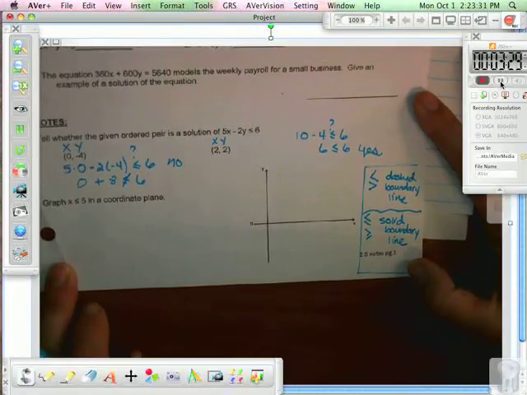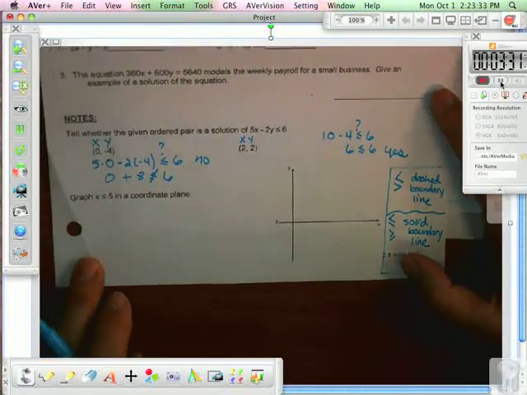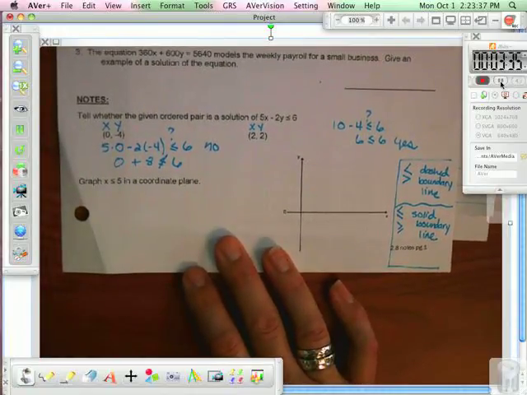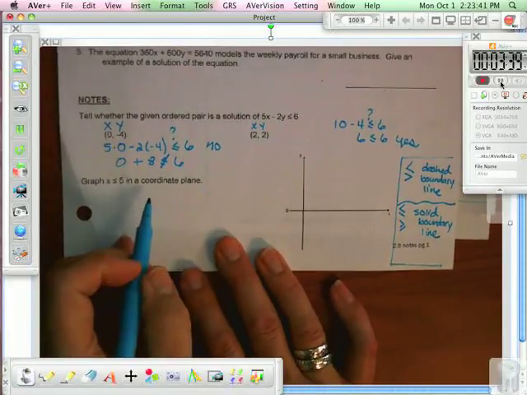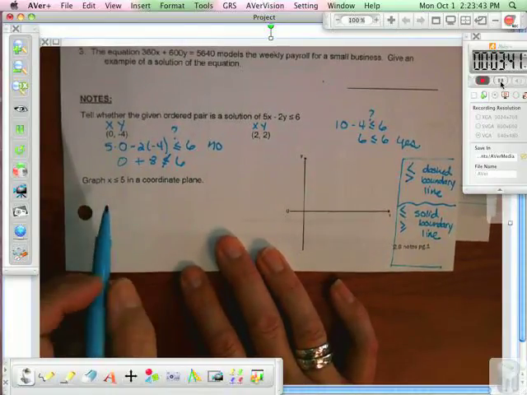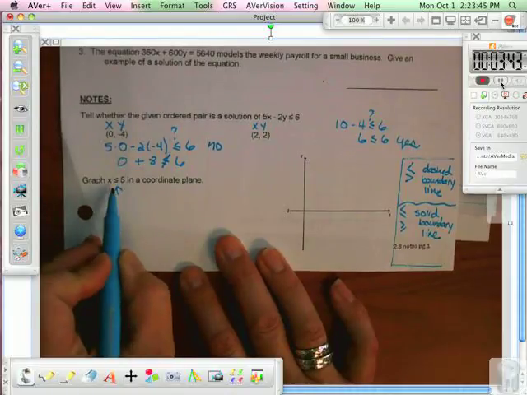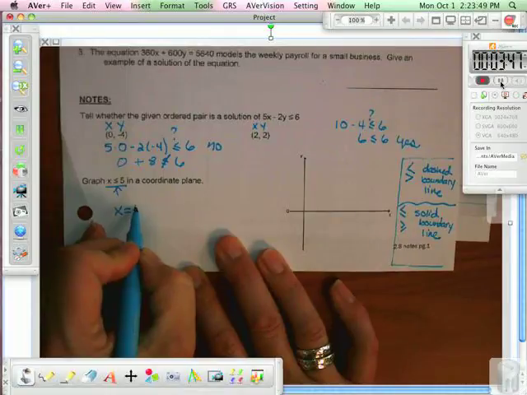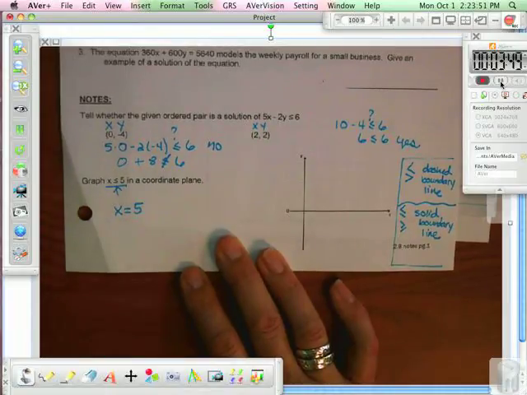Okay? Now, when it says to graph this, when I graph this, just for graphing purposes, I make it an equals. It helps me. Okay, well, I got to draw the line. So I'm going to write x equals 5.